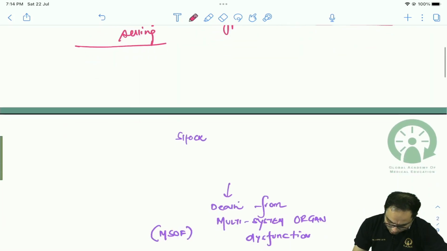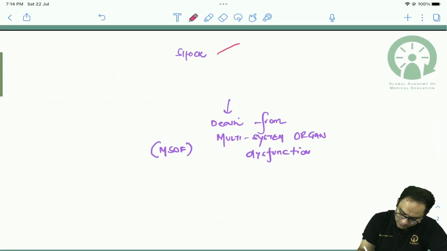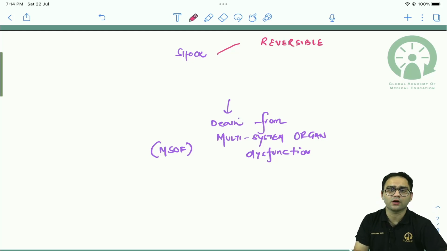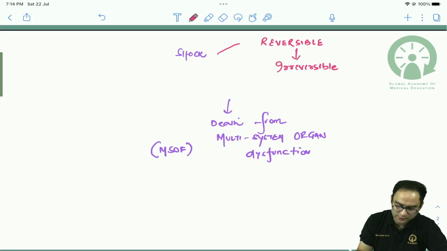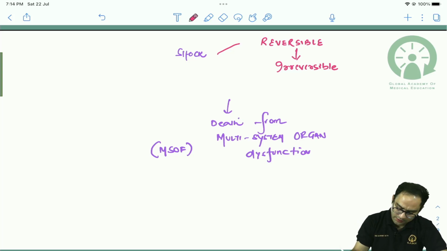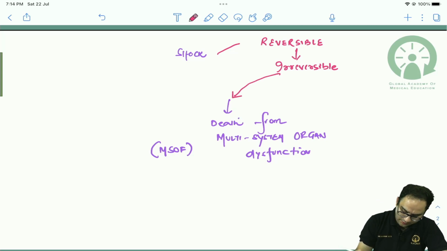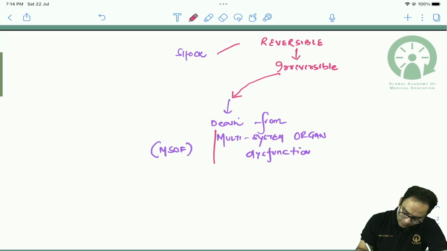What you have to remember is that shock in initial stages is a reversible condition. But if it is not recognized, then it becomes irreversible, and ultimately the end fate of all shocks is death from multi-system organ dysfunction.